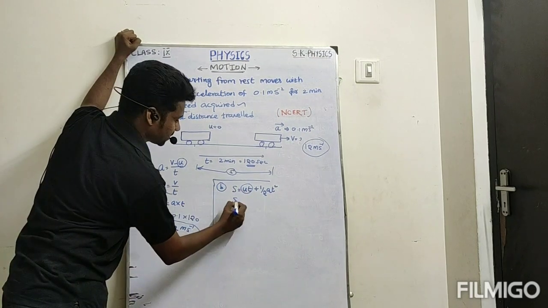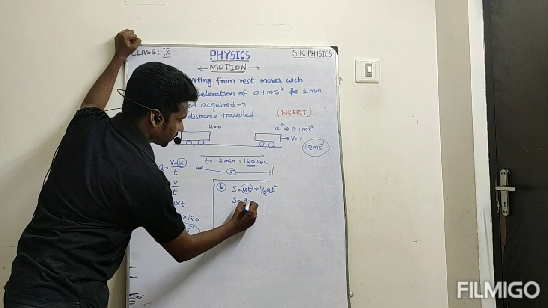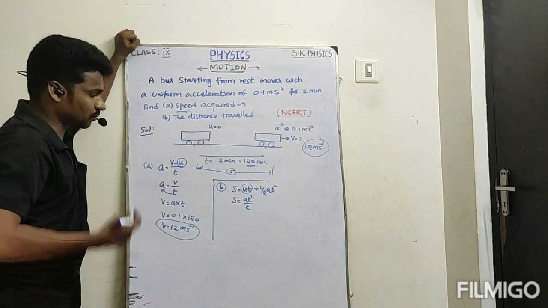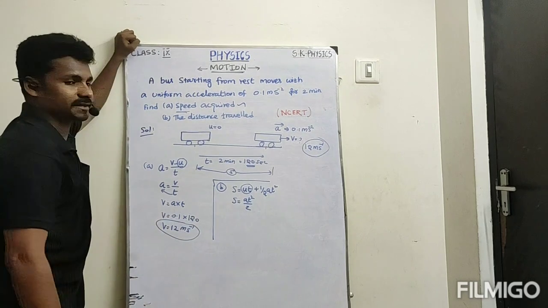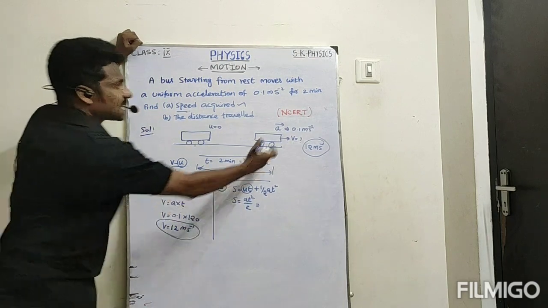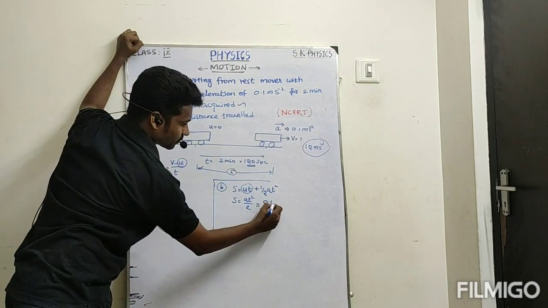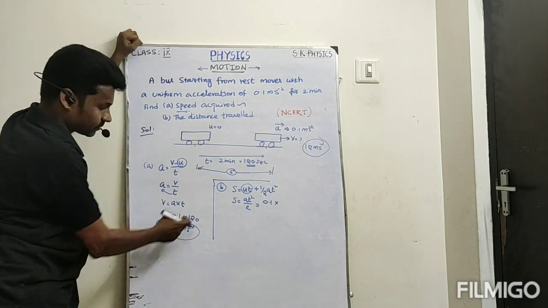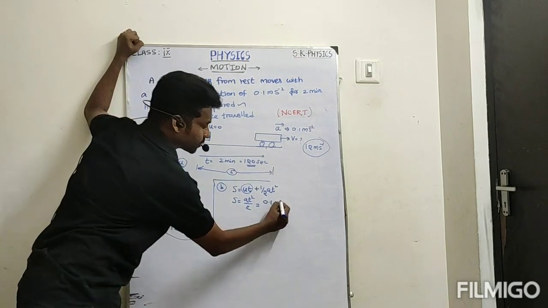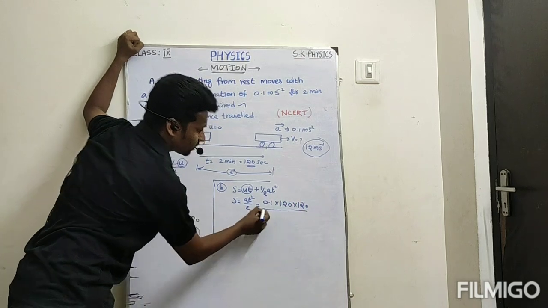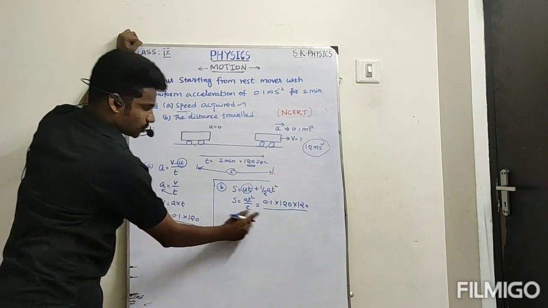So we can write S is equal to at squared divided by 2, that is half at squared. Now S is the value I need. So substitute the values: a is the acceleration, 0.1, into time 120 squared. So 0.1 into 120 into 120 divided by 2.